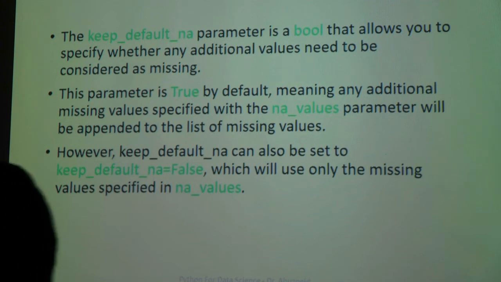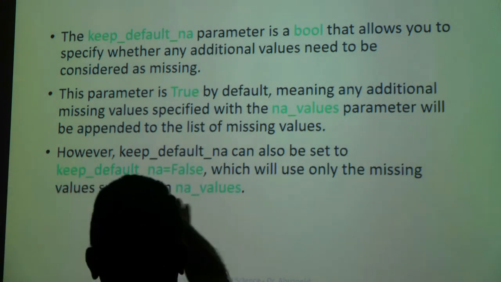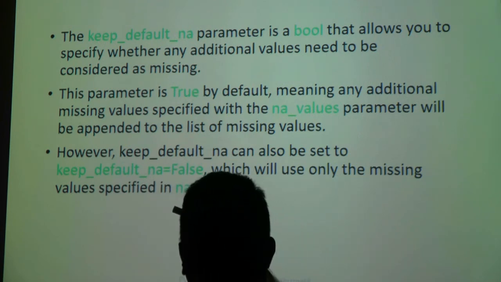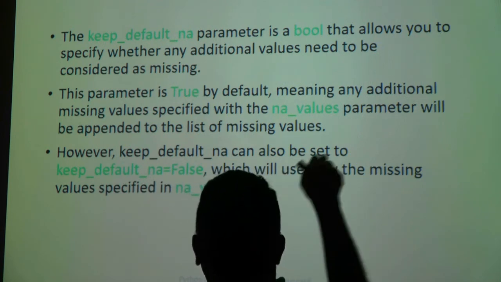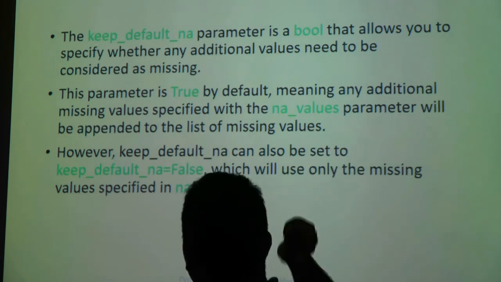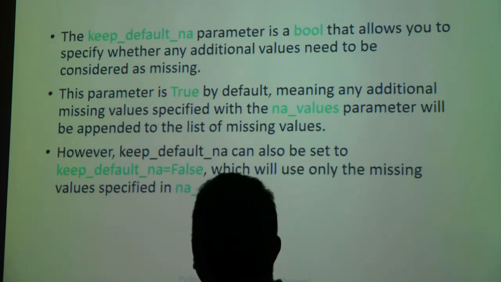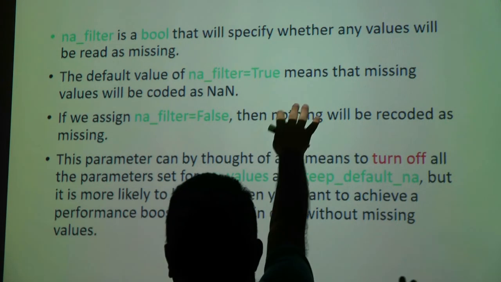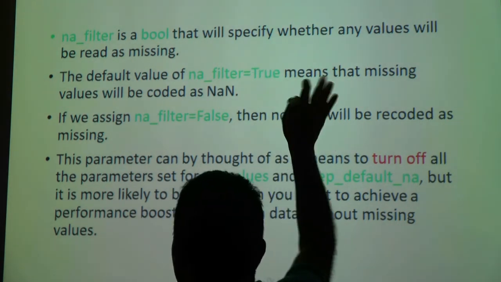The parameter is True by default, meaning any additional missing value specified with the NA_values parameter will be appended to the list. However, keep_default_na can also be set to False. The third one is useless, so I'm not covering it.